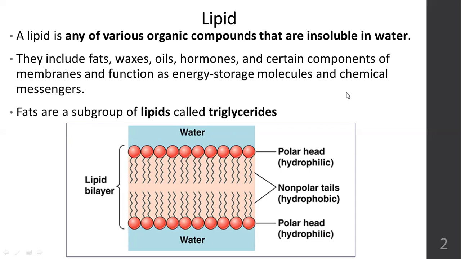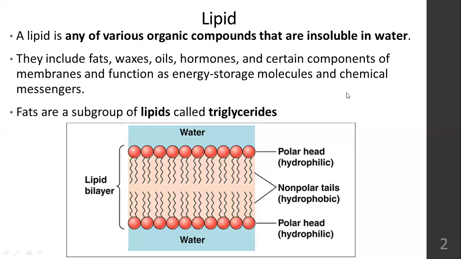Examples are fats, waxes, oils, hormones, certain components of the cell membrane, and they function as energy storage molecules and also as chemical messengers. Hormones are like chemical messengers. When lipids are used up, they will give energy as well.